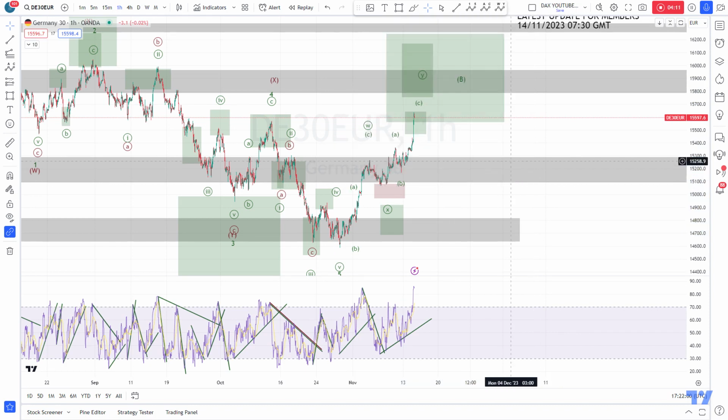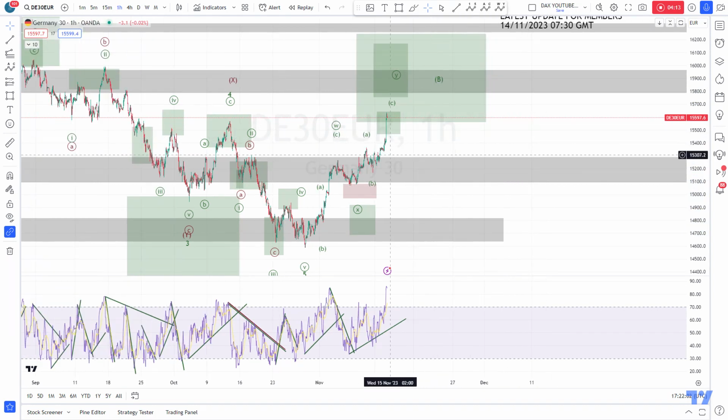Therefore, although we could come down from here, I don't know if it is really wise to immediately take the short right here, because for the moment we do not really have a sign of an ending structure.